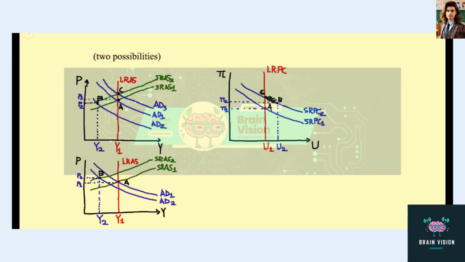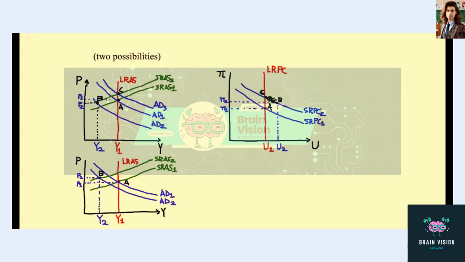And now, first of all, the negative aggregate supply shock will shift the short-run Phillips curve higher. So the economy and the policymakers are facing a less favorable trade-off between inflation and unemployment, meaning that for each level of unemployment, the prices will be higher, or for each inflation level, the unemployment rate will be higher.